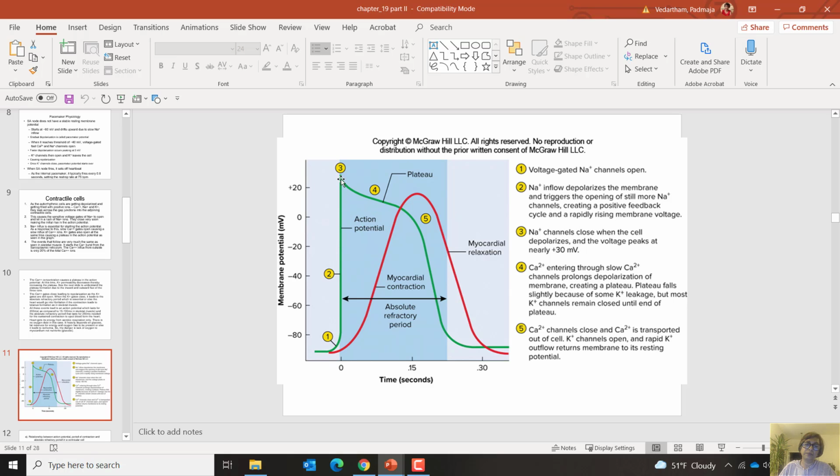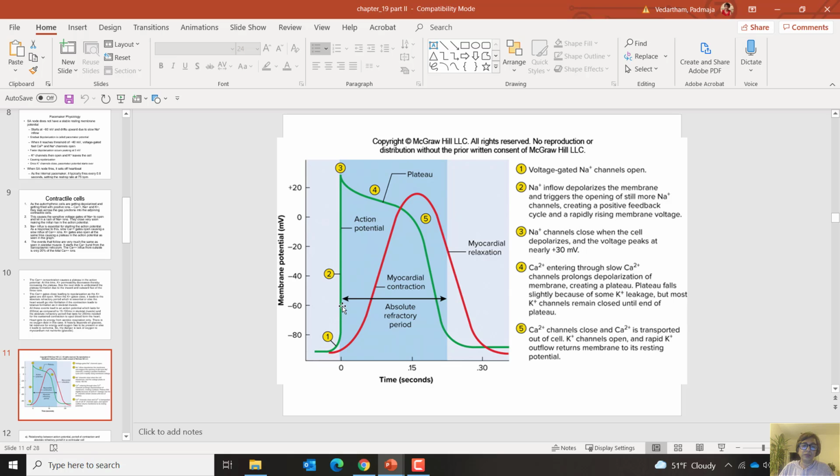Now look at this. As the sodium comes in, inside is positive, right? So calcium is released from the sarcoplasmic reticulum, goes and attaches to the troponin, pulls the tropomyosin, and you have the contraction taking place. As I was mentioning earlier, these are contractile cells. Please do remember that.